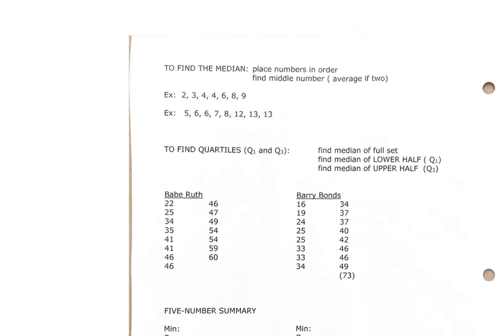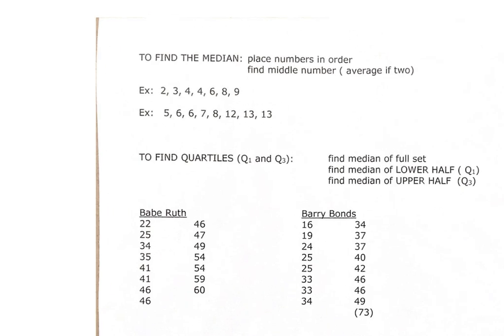Okay. So remember, as you are driving, the median is right down the middle of the road, and so that's what we are thinking when we talk about median with our data also. You have to put the numbers in order first, from smallest to largest or largest to smallest, and then we're finding the middle number, which, by the way, if there are two middle numbers, then we average the two, right?